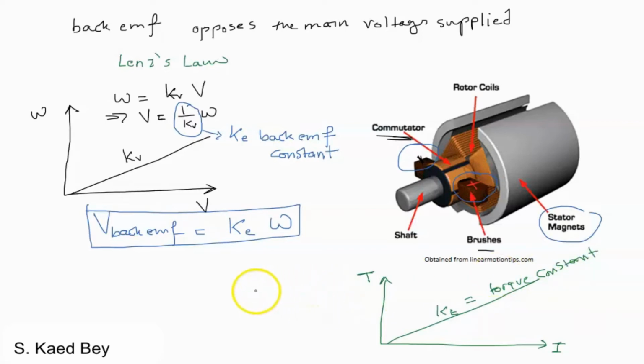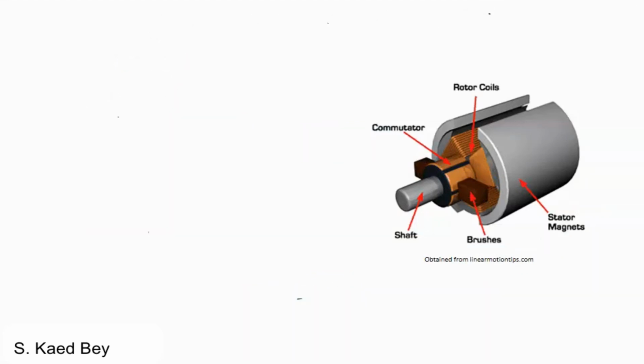So the torque can be expressed as T equal to Kt multiplied by the input current. So let us apply the fundamental physical laws in order to derive the mathematical equations that adequately describe the electromechanical actuator we have here.